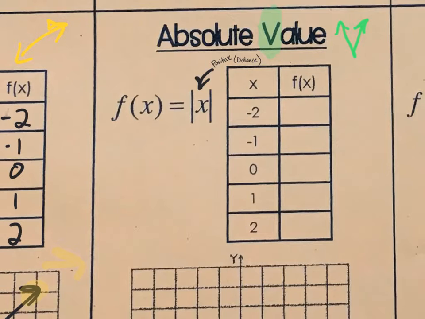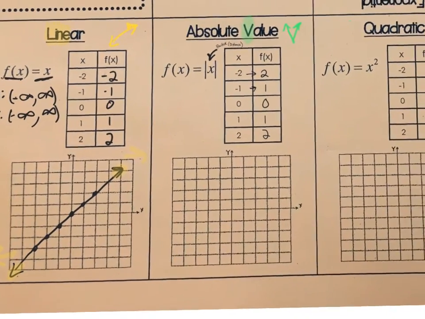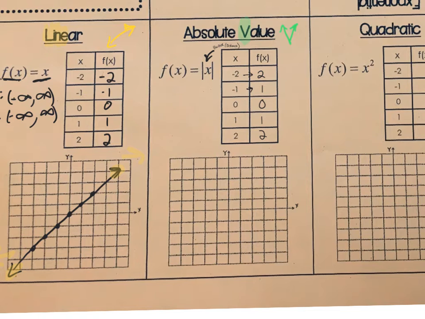So all it's going to do when I put these x's in is change it to its positive. So 2, 1, 0. When I put 1 in, it's still going to come out positive. So let's plot these points and see what happens on this graph.